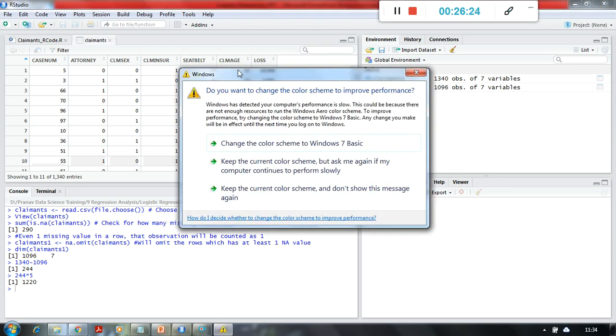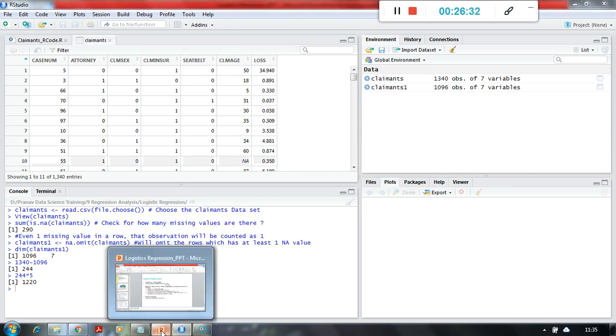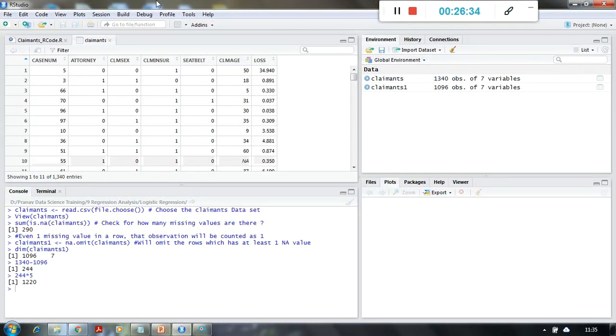For example, if age is my column, because it is a continuous variable, I can find out the mean or median of this data, right? For discrete variables, we can go for the mode of the data, because mode we can apply on discrete data, and mean and median we can apply on continuous data, right?